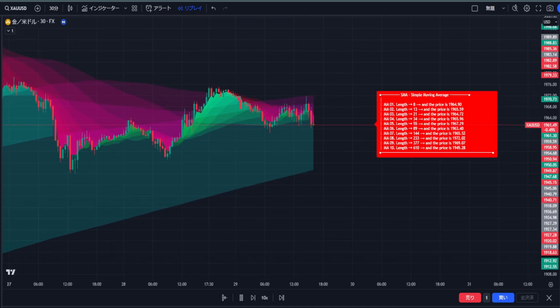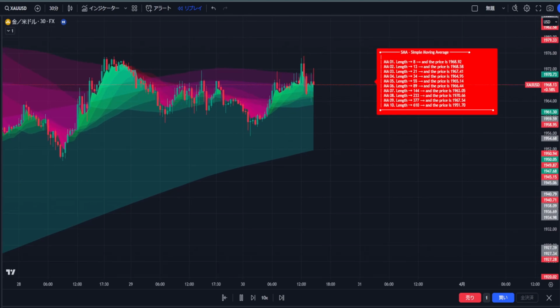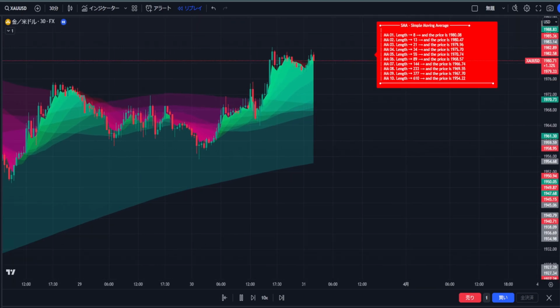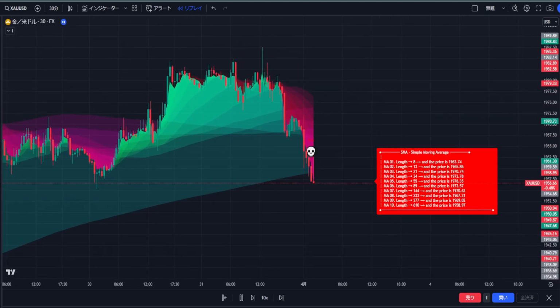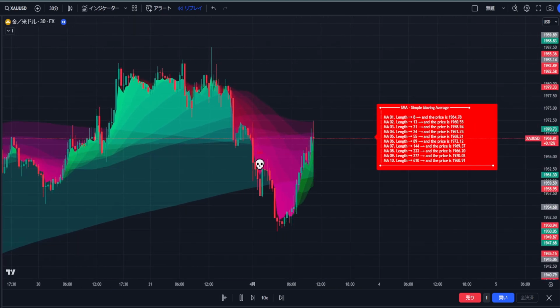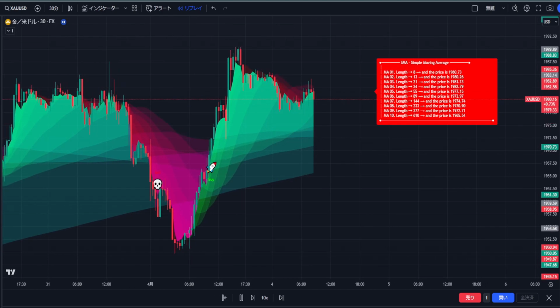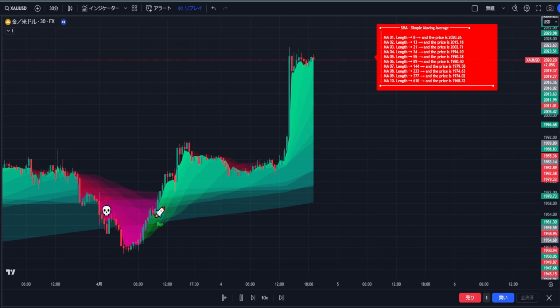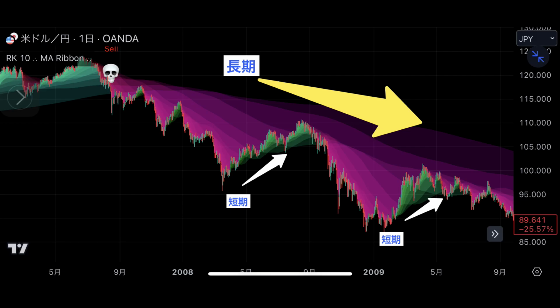The usage of RK 10 MA types ribbons involves identifying trends and crossovers using the ribbons. You can use 1, 2, or 3 or more moving averages in combination. If all the moving averages in the ribbon are moving in the same direction, it indicates a strong trend. By changing the color of the ribbon, you can instantly grasp the market trend.